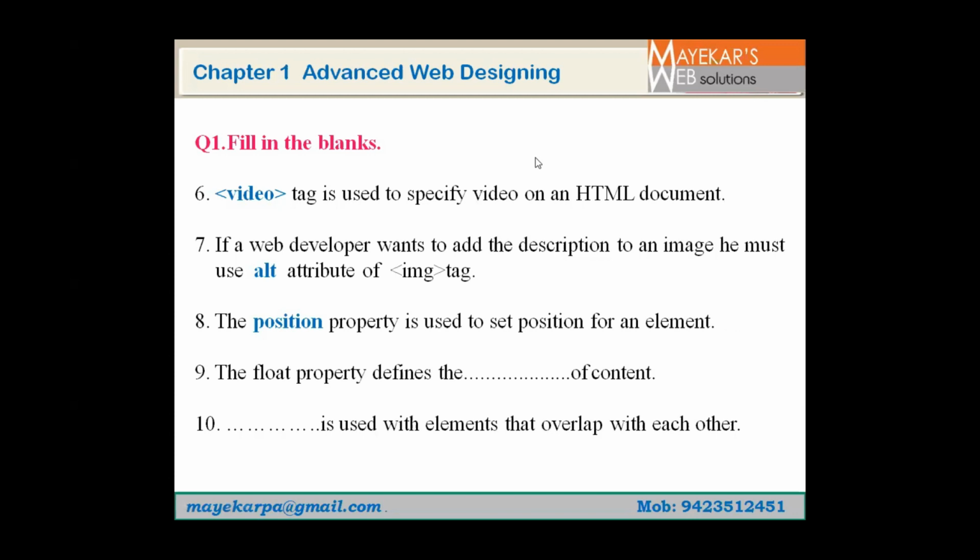Whatever sequence is used in coding, according to that sequence the elements are displayed on a web page. So the float property defines how to display or mark the position on a web page.